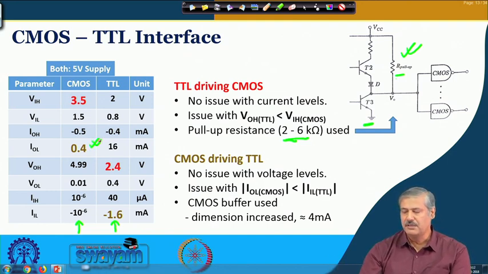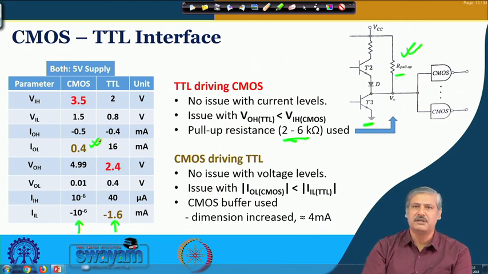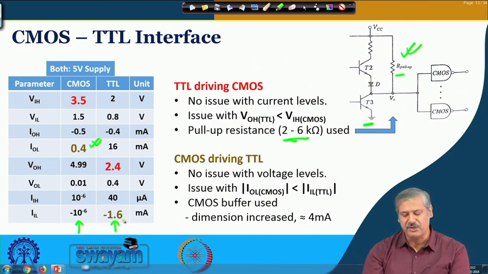It is sinking, so that is why it is told positive. And IIL, when the input is at logic low, the current coming out of the input transistor of the TTL is minus 1.6 milliampere. So this is much more, right.